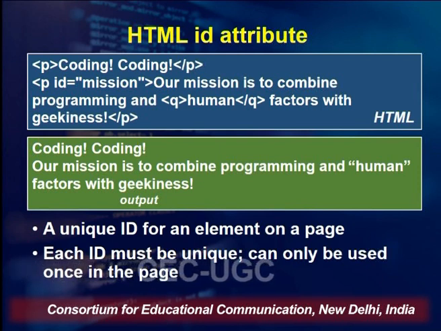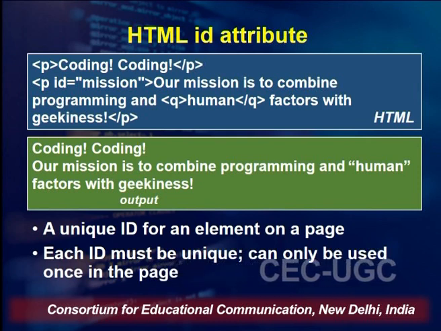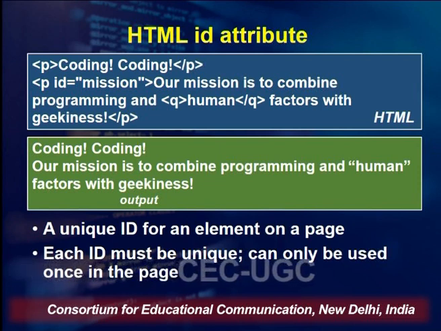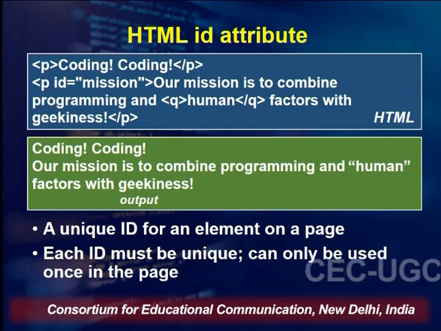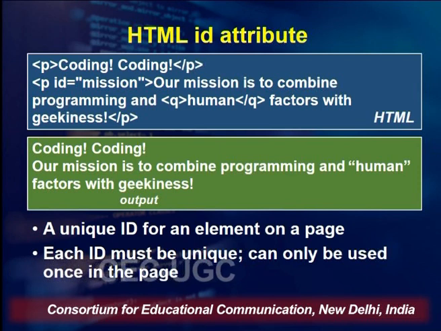So, this ID attribute is also very important, because when you define the ID attribute, you are giving a unique ID for that particular tag on the page. So, if you are defining, say, for a particular paragraph, the ID as mission, you cannot use the same ID for another tag on the same page. Therefore, ID has to be unique and it can only be used once on the page.